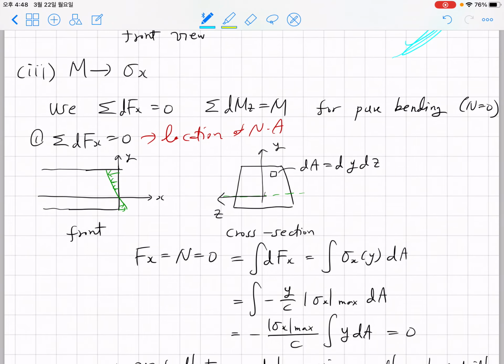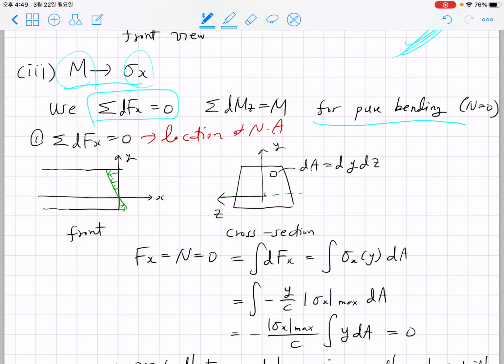So to make a connection between the applied moment, this is a macroscopic moment applied to the entire plane, and sigma x, we have to use two conditions. For pure bending, because we don't apply any normal force, the summation of infinitesimal force on that cross section must be 0, so that we don't have any axial loading.